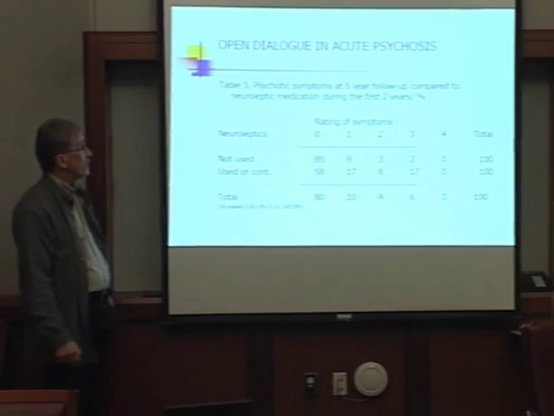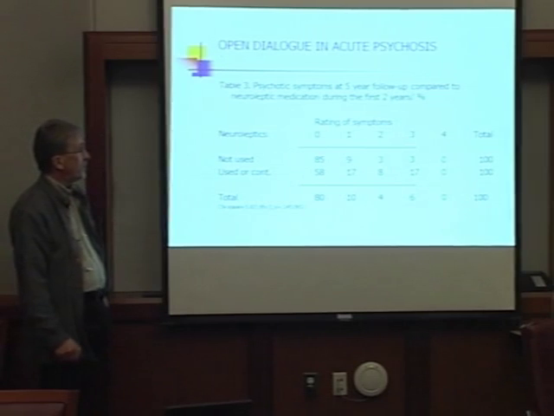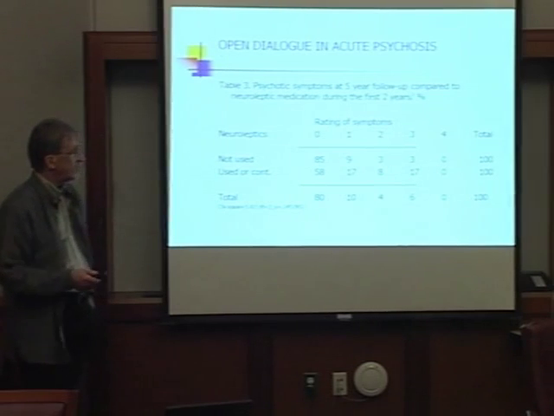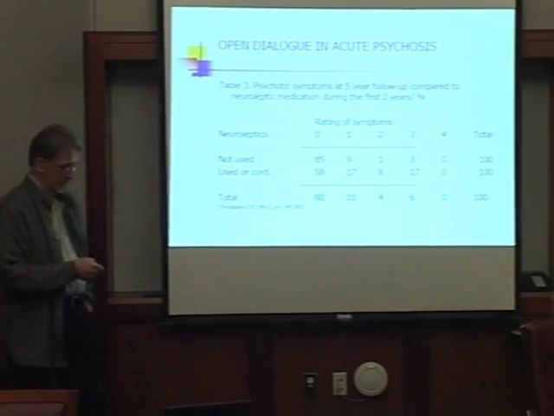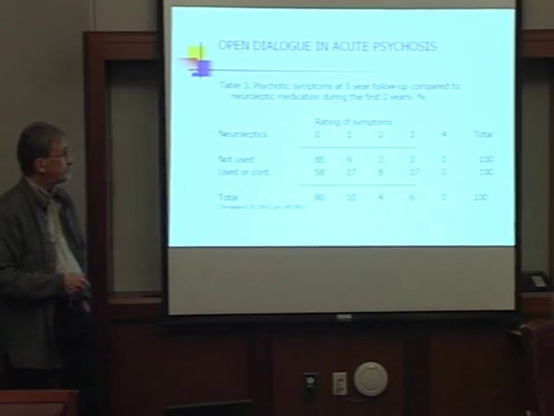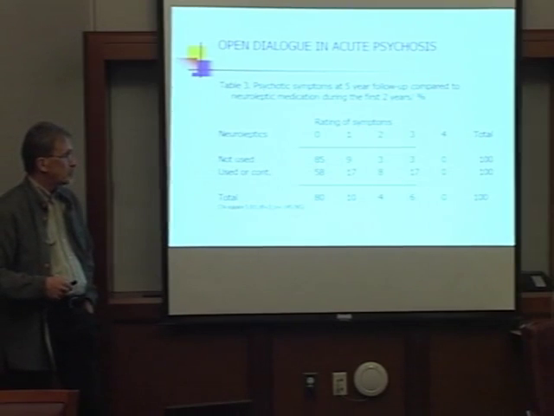The second question was what the place of neuroleptics in the treatment is, and how it affects outcomes. It was seen that those who did not use neuroleptic medication at all had, at the 5-year follow-up, a lot better outcome concerning psychotic symptoms than those who had used it or were on continuous medication.